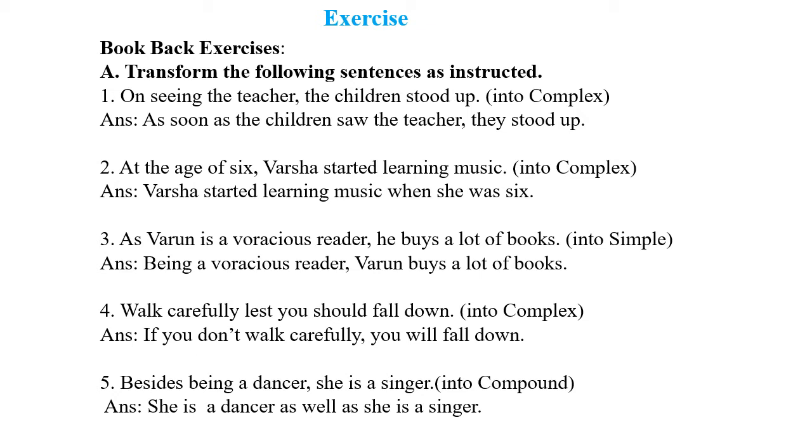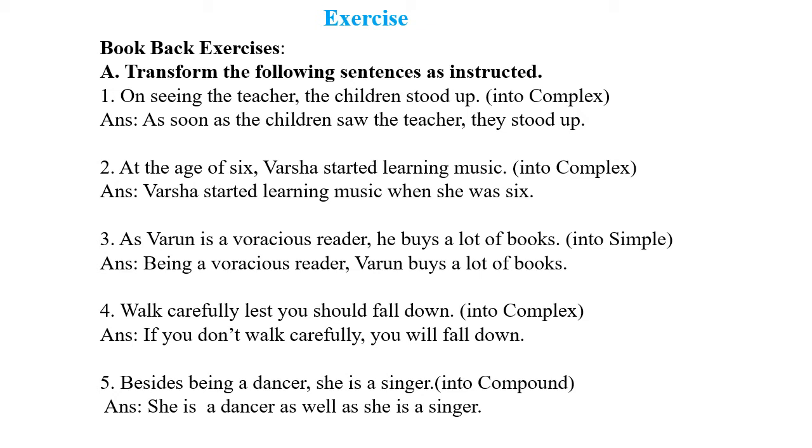Next, as Varun is a voracious reader, he buys a lot of books. This is reason. As he is a reader, he buys a lot of books. Okay, they have given complex. We have to change into simple. So this as should be removed.